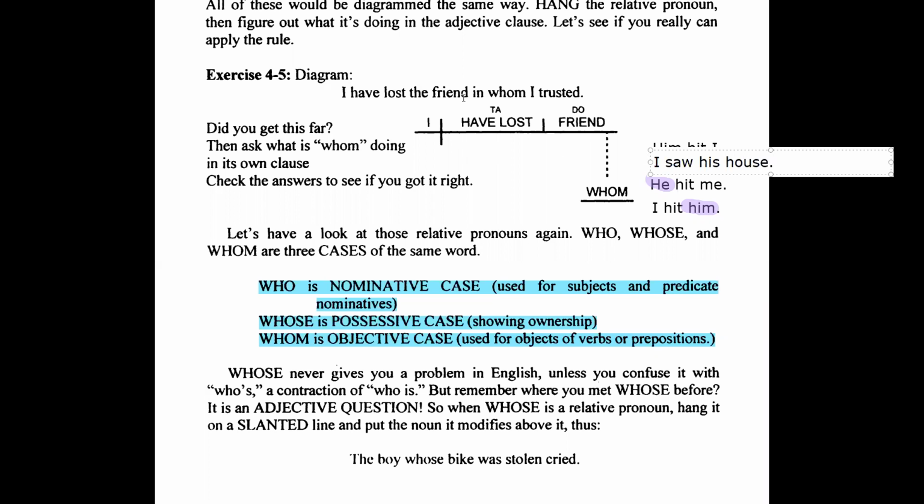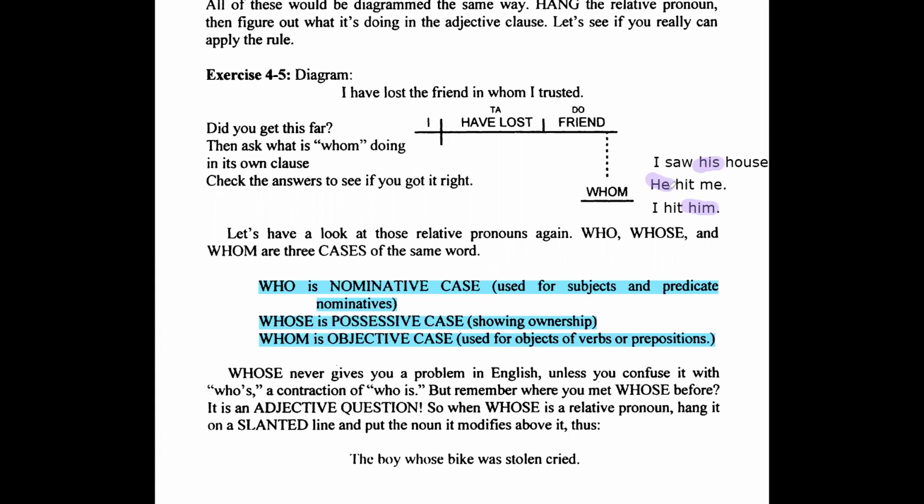Okay, so we have his here. His is also another case. So this is the same exact word. He, his, him. It's the same word, but it has different roles here in the sentences, and so it changes how it looks. So what are those roles?